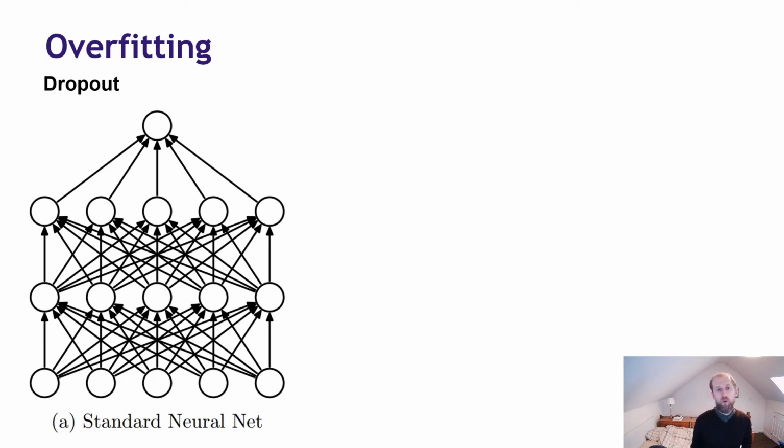So when we talk about overfitting, one of the optimal ways, if we had completely unlimited memory, one of the best ways that we could deal with this is by training lots of different neural networks and finding the average of their results.